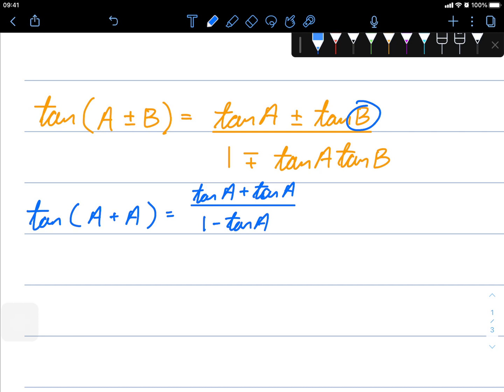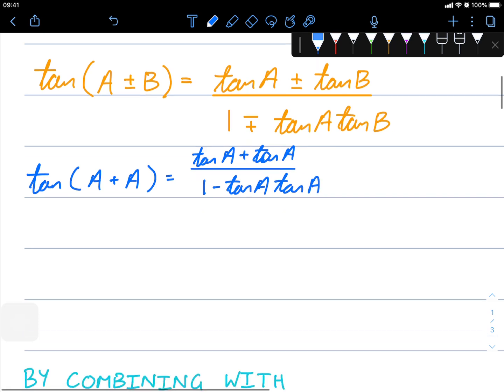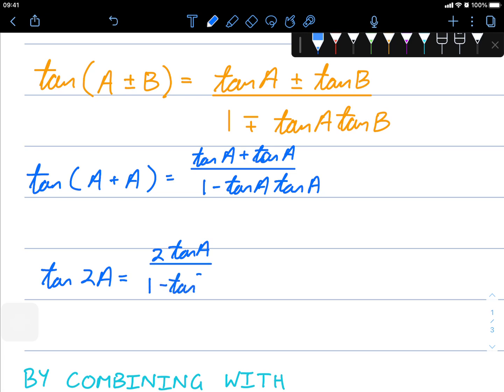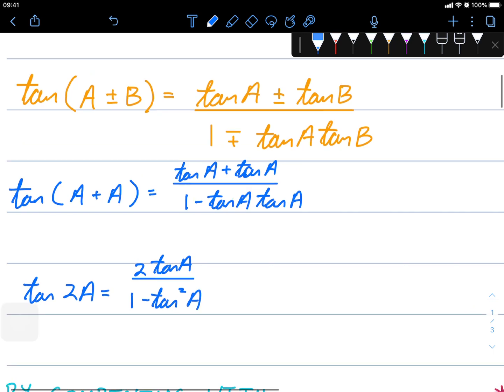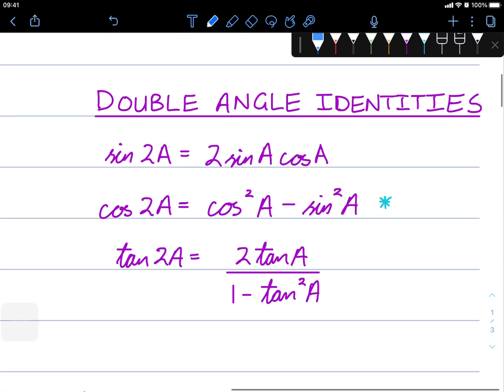Tan a times tan, and b becomes a once again, so tan a. So this will give us tan of 2a is equal to 2 tan a over 1 minus tan squared a. And that's how we find ourselves with these 3 identities.